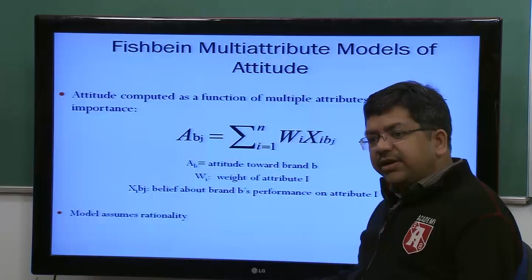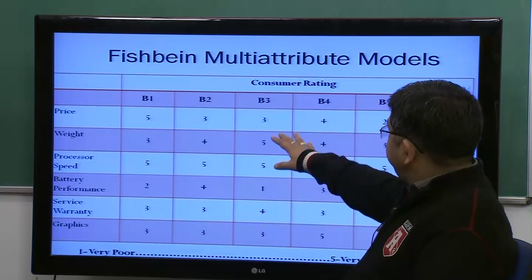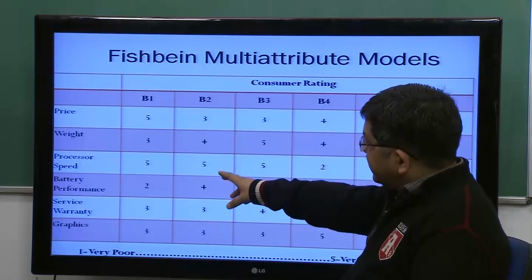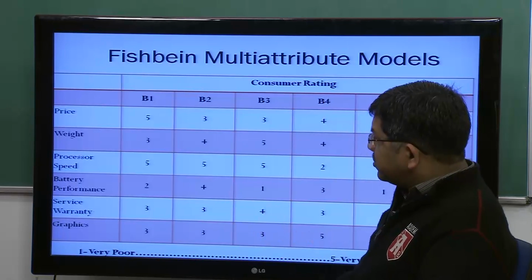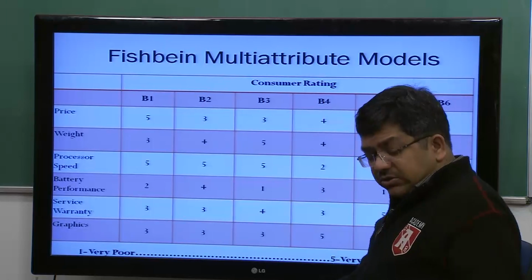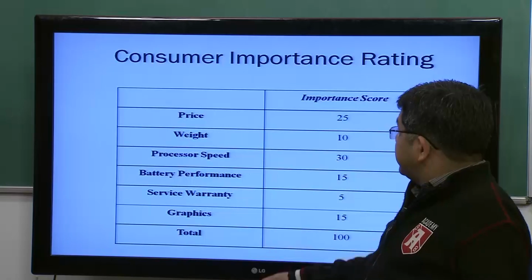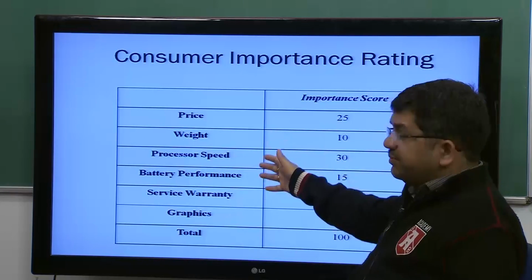I explained this through an example wherein I took 6 brands. They were rated on 6 important criteria. This was about a laptop purchase. The consumer has also rated the importance score of the different attributes.